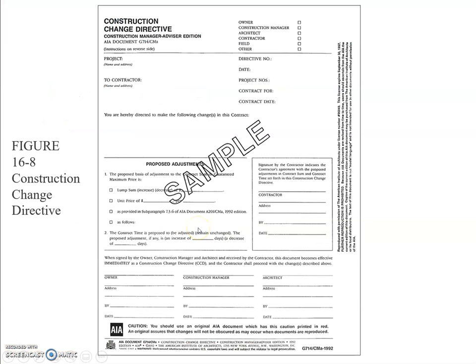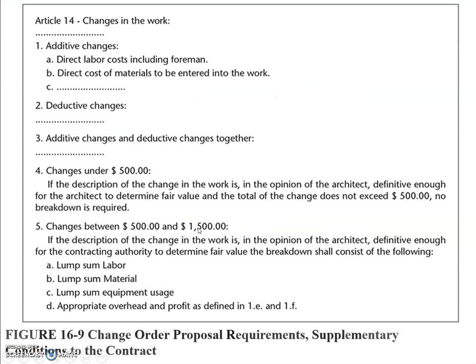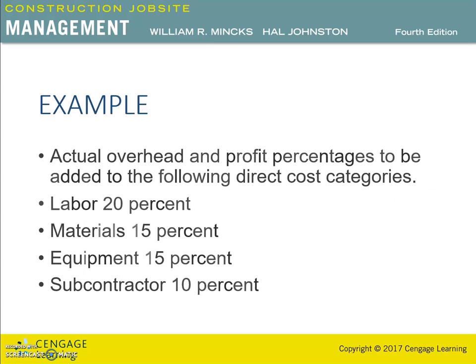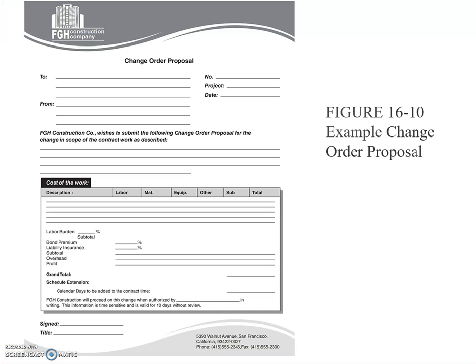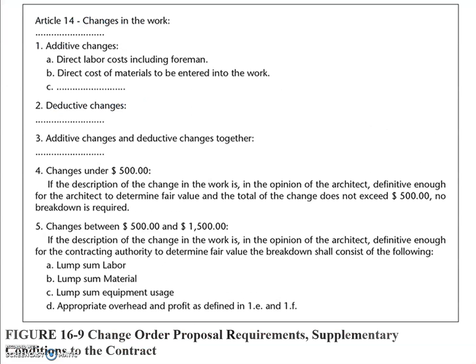For example, in this figure 16-10, this is an example of a change order proposal that could be adopted as a company standard. This figure shows the change order proposal requirements, and this is the part of the supplementary conditions of the contract.